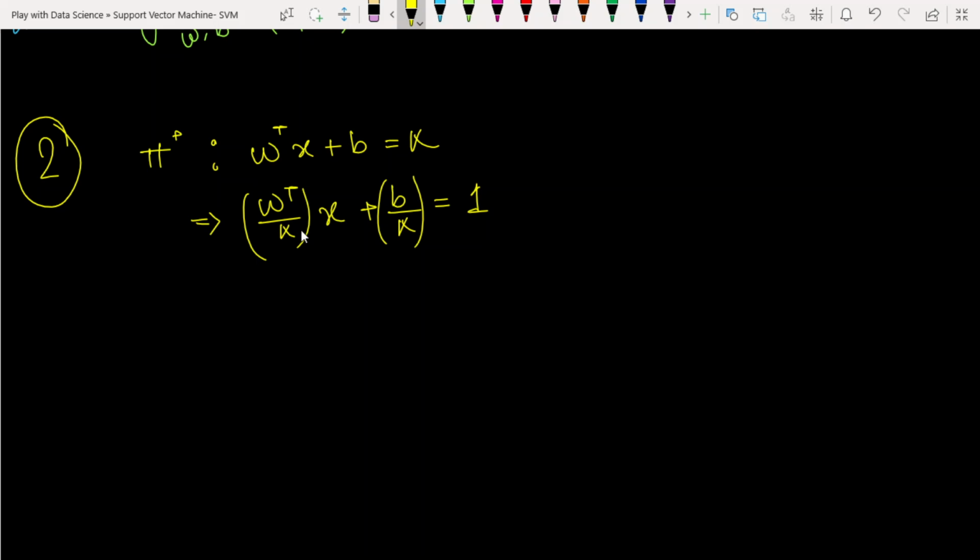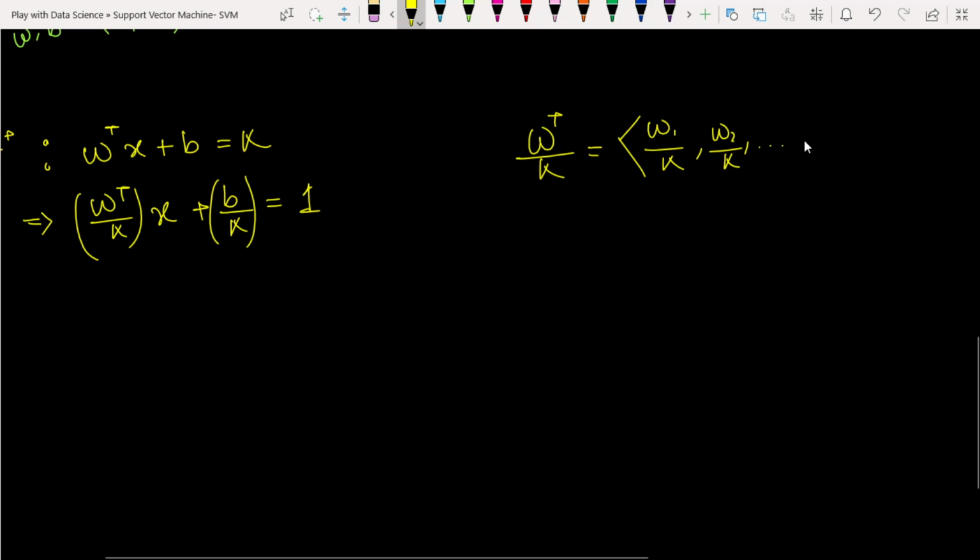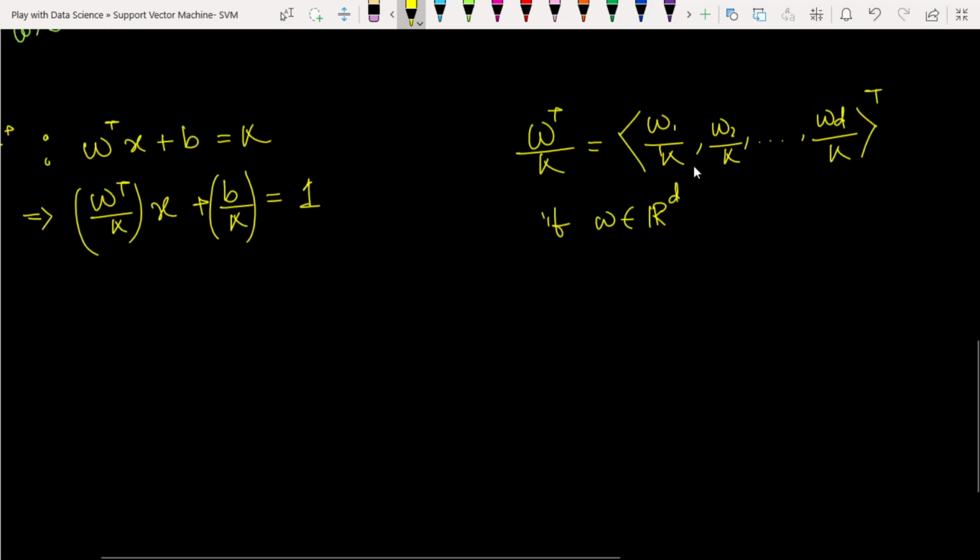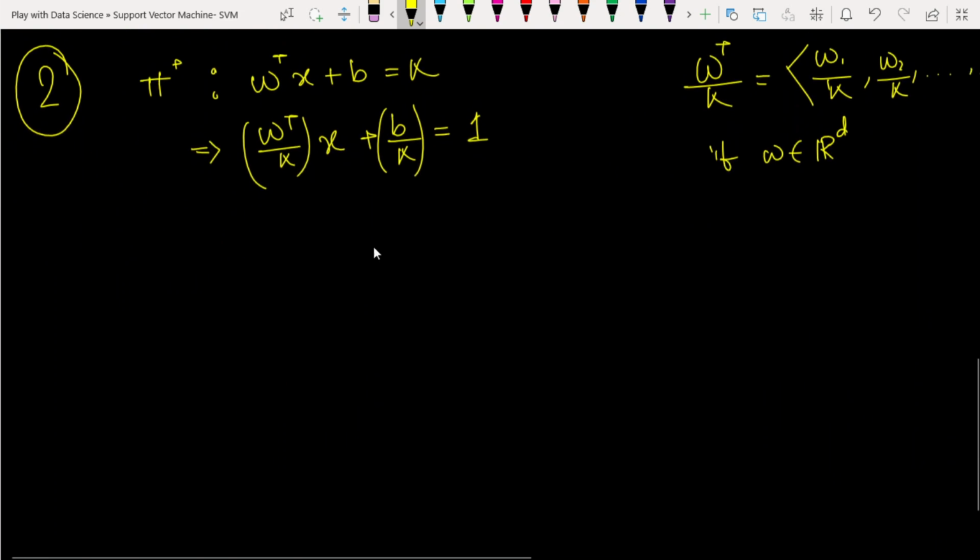So w transpose divided by k means we are dividing every component of this vector by k, that is w1 by k, w2 by k, up to wd by k, if our w belongs to R^d. I think now this is clear.